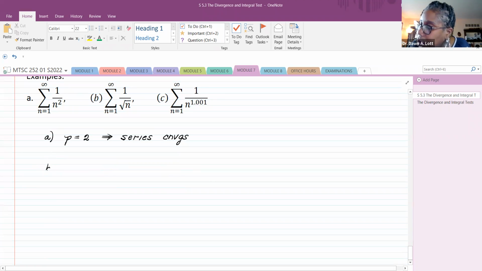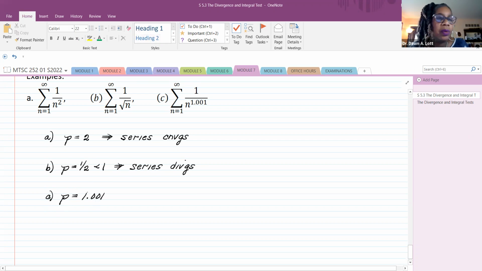In B, p is a half. Should have said that's less than 1. So the series diverges. In C, p is 1.001. We don't care how small that is, it's still bigger than 1. So the series converges.